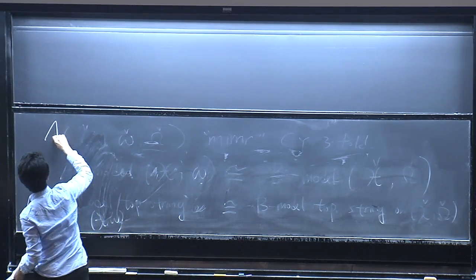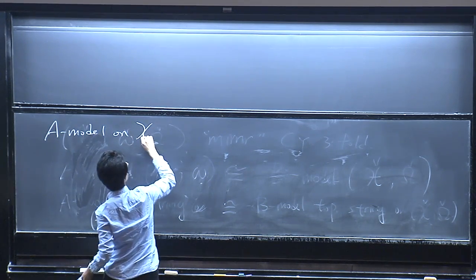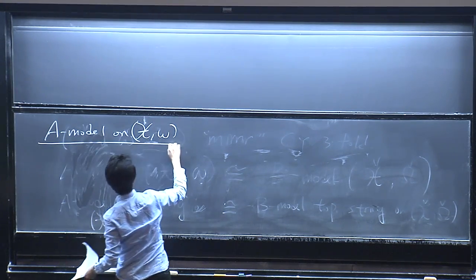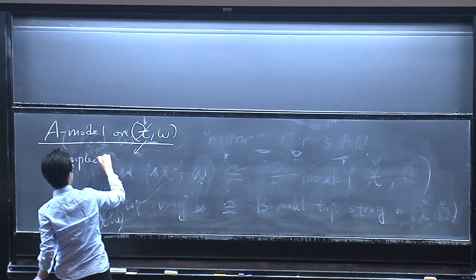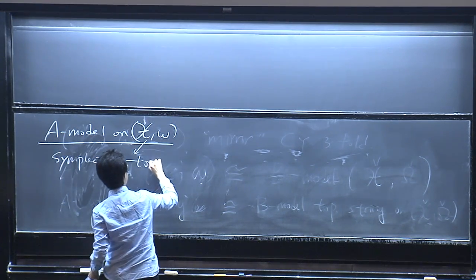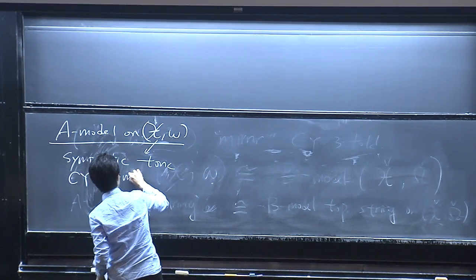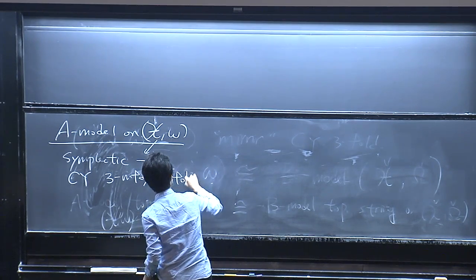So now, on the A model, this is a symplectic toric Calabi-Yau 3 manifold, and we can be a little bit more general, or orbifold.